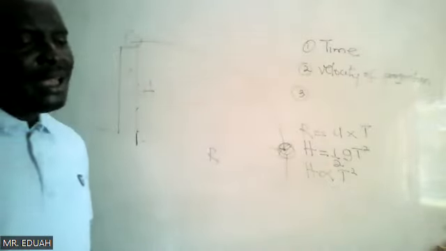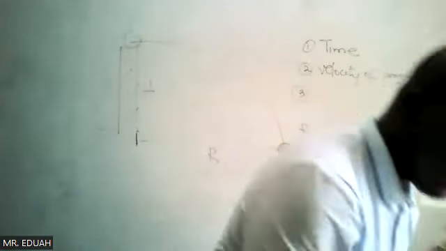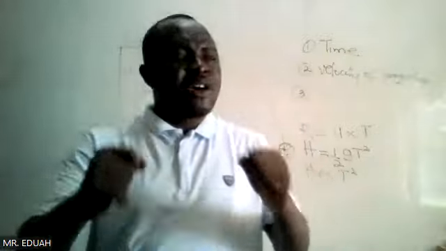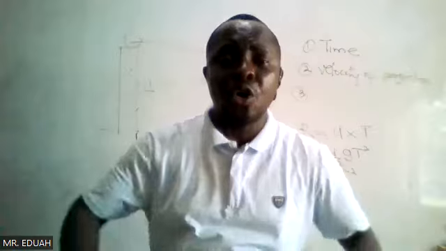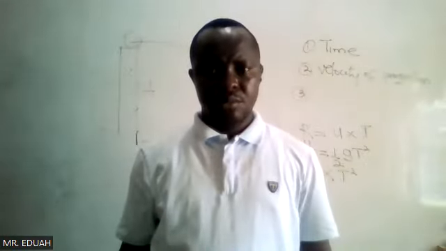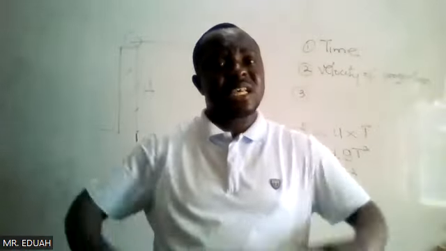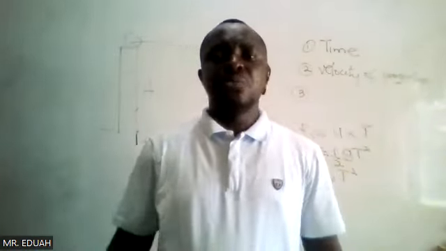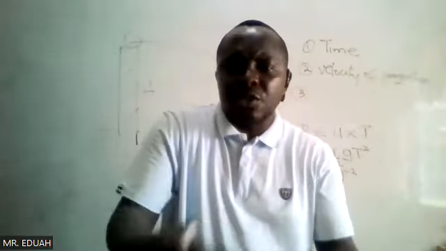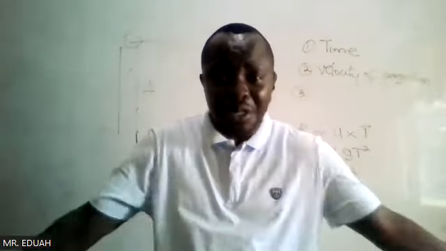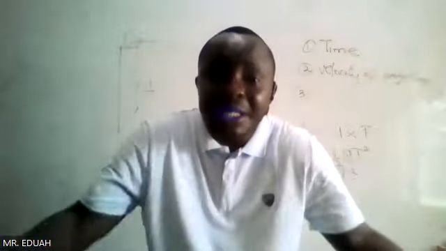Then another important factor on which the range will depend is this. Every moving object or every moving body has what we call momentum. Momentum is a measure of the motion of a body, the extent of movement of a moving body.